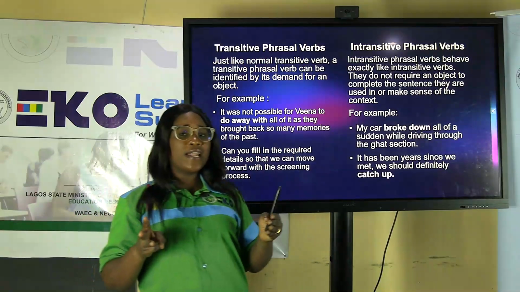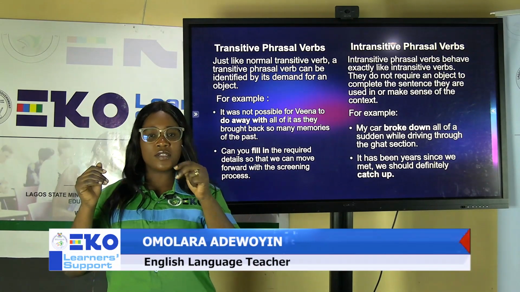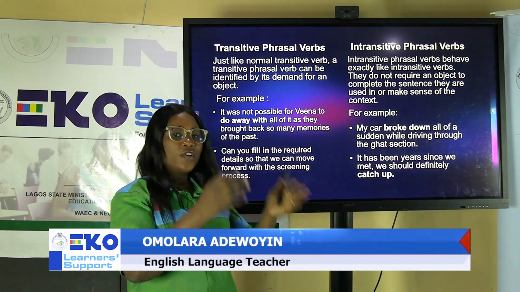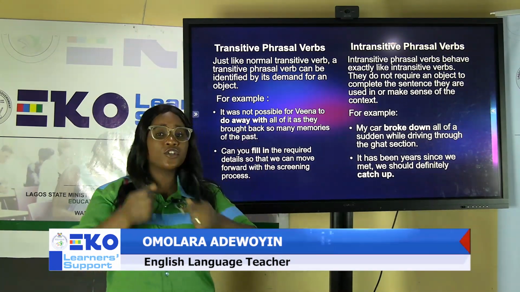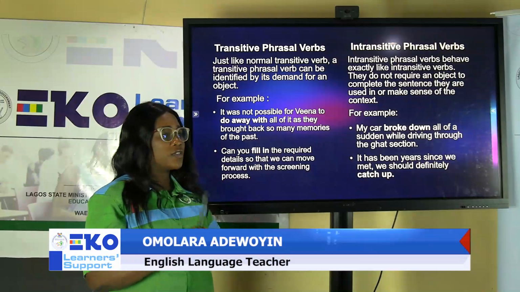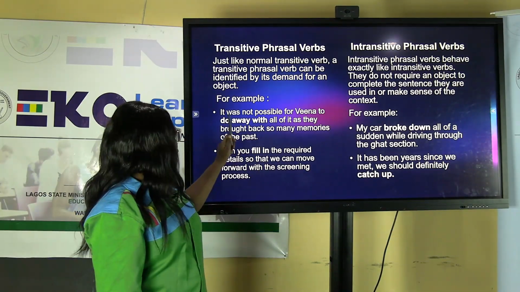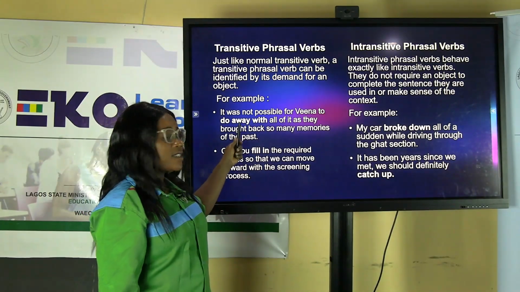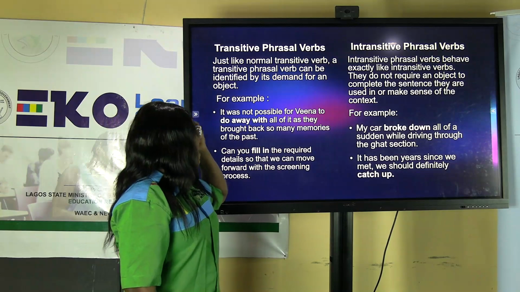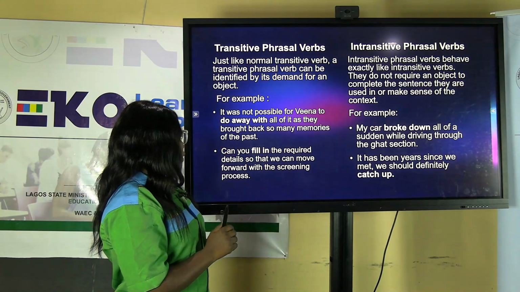Remember, we have three realizations of the phrasal verb: verb plus adverb, verb plus preposition, verb plus preposition plus adverb. Where does this fall? Of course, it falls on the third one. Do, verb, away, a preposition, and then we have with, which is an adverb.